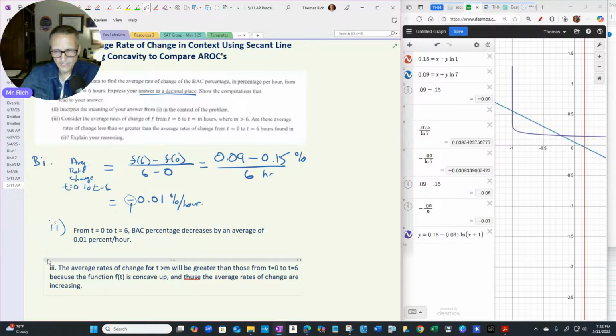Okay, so the concavity is telling you, as you move left to right, whether the average rates of change are going to be going up or going down. All right, if you have any questions about these, let me know. Or if you think I'm wrong, let me know. That is questions 2 and 3.